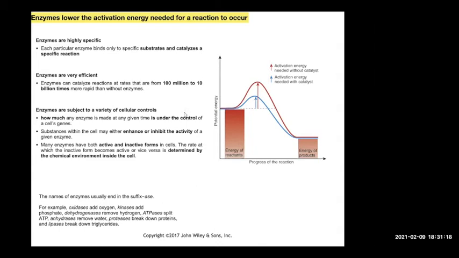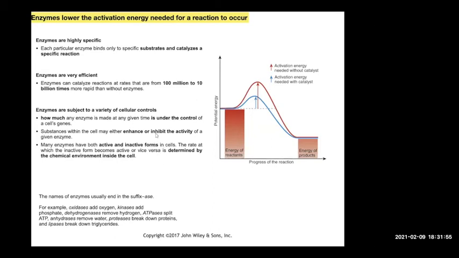And within a particular cell, there are things like coenzymes or enzyme inhibitors that are going to affect the activity of an enzyme. So the presence or absence of certain coenzymes or enzyme inhibitors are going to affect how much the enzymes work. And then the cell environment, again, the pH is a big one, and temperature, where they're going to become activated or inactive.